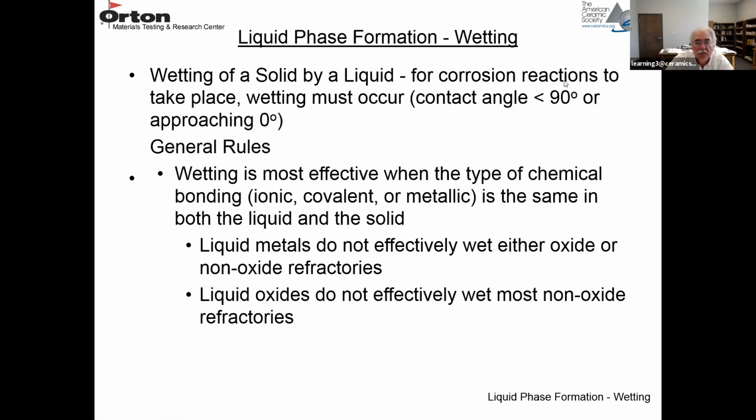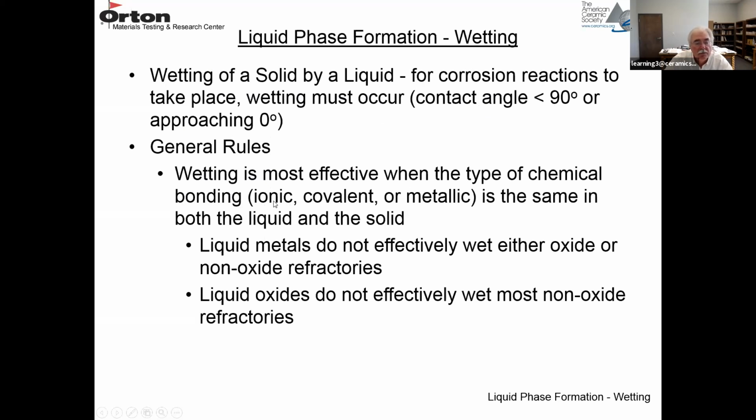So for corrosion reactions to take place, wetting must occur, and we're defining wetting at an angle less than 90 degrees. So if theta is less than 90 degrees, we're saying we have a degree of wetting, but as theta approaches 0 degrees, we have complete wetting. There are some general rules concerning this. Wetting is most effective when the type of chemical bonding is the same in both the liquid and the solid.